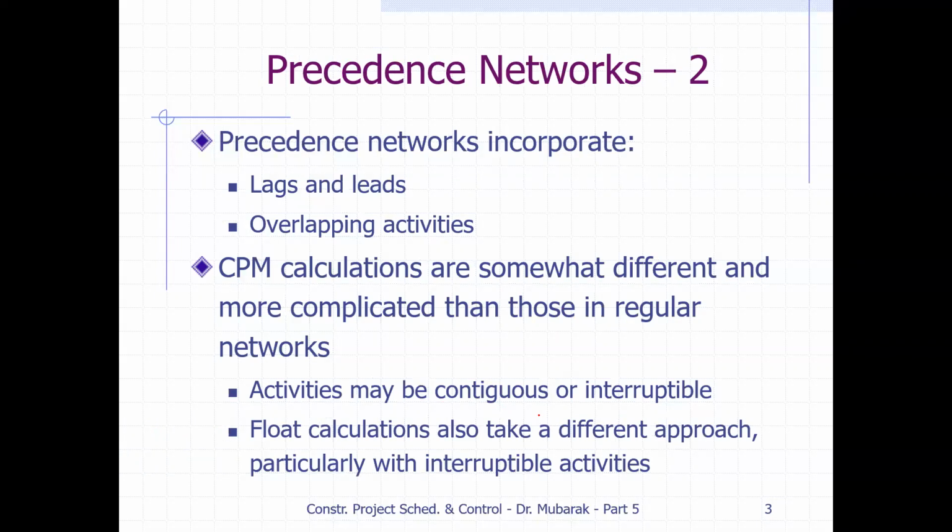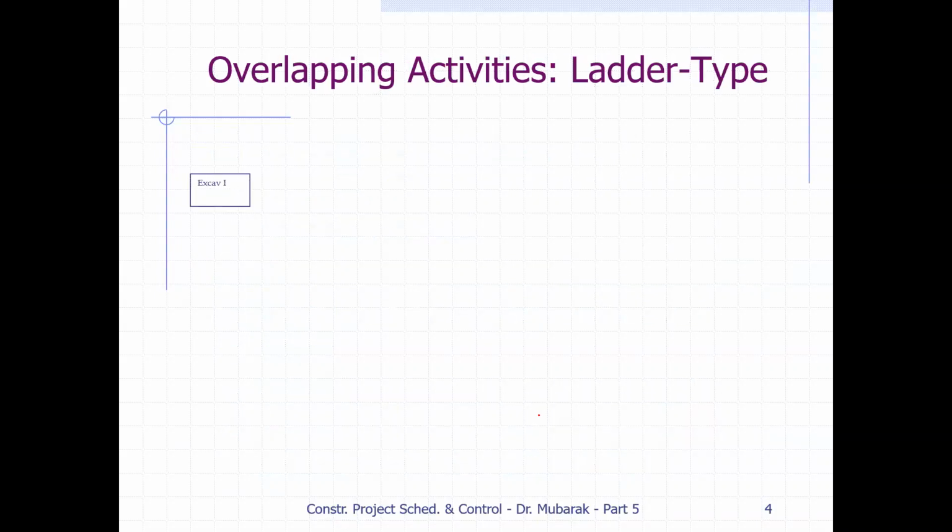And then for the float calculations, of course, it varies from activity to activity, and we'll talk about it. Now, before moving forward, let's imagine we have a project to lay down a utility pipe. The general concept of laying down this utility pipe goes through 5 phases.